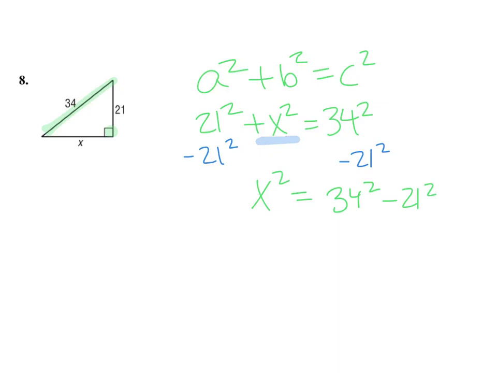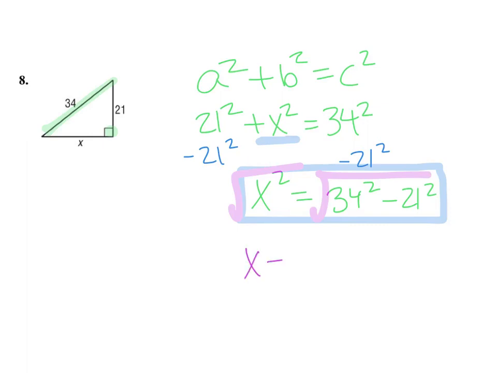And this is where, in our notes, I had us start off with. But in case any of you were wondering why, this is why. And then once again, to get the actual x value, you're going to take the square roots. So x equals the square root of 34 squared minus 21 squared.